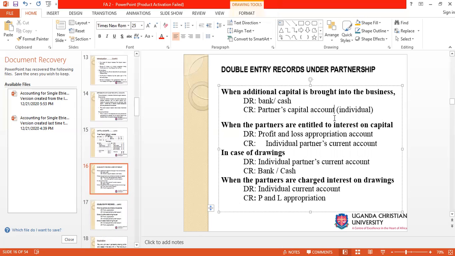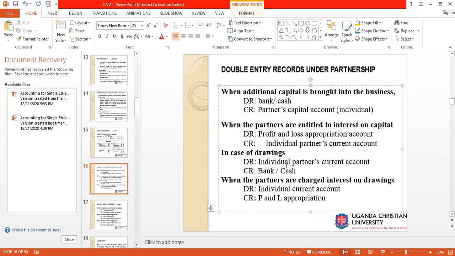Let's look at the double entry records under partnership. Most important are the double entry records. One, when additional capital is brought into a business, debit cash or bank and credit the individual partners' capital accounts. When the partners are entitled to interest on capital, debit the profit and loss appropriation account, then credit the individual partners' current accounts.